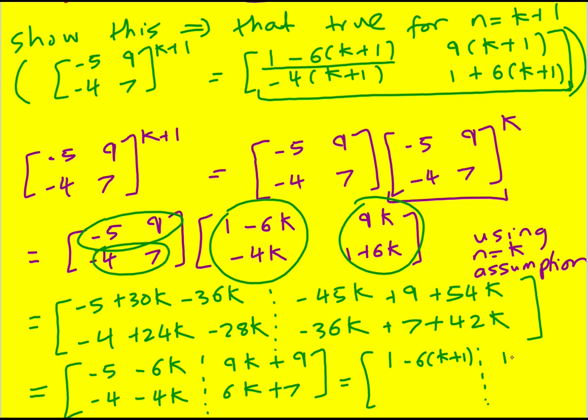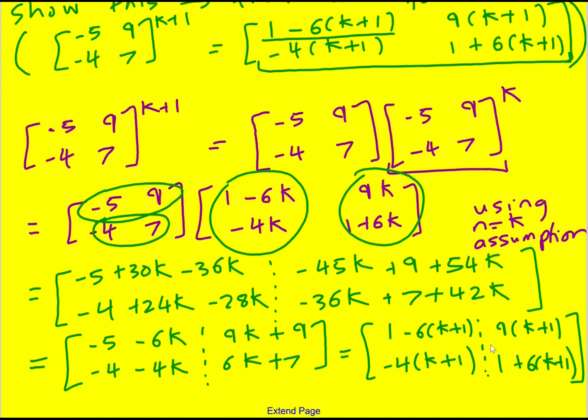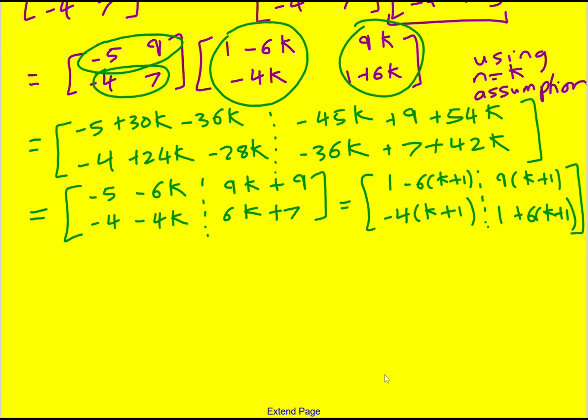And then 9k plus 9 factorizes to 9(k plus 1). Factorize out the minus 4 here. And then 6k plus 7 is 1 plus 6(k plus 1). So we've written it in the form required. So therefore, true for n equals k plus 1.